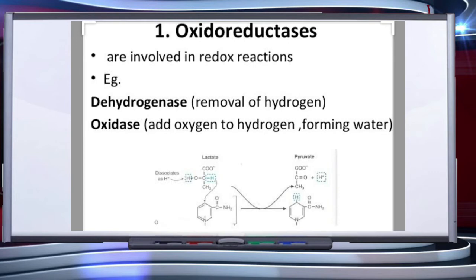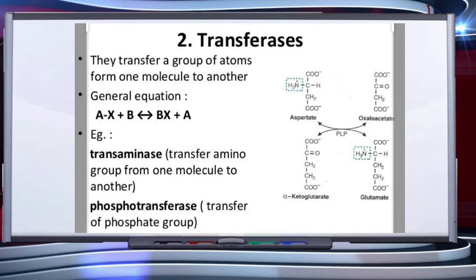The first class is oxidoreductases. These enzymes catalyze oxidoreduction between two substrates, that is removal of hydrogen and addition of oxygen to hydrogen forming water. So in this reaction, one substrate is reduced and the other substrate is oxidized.